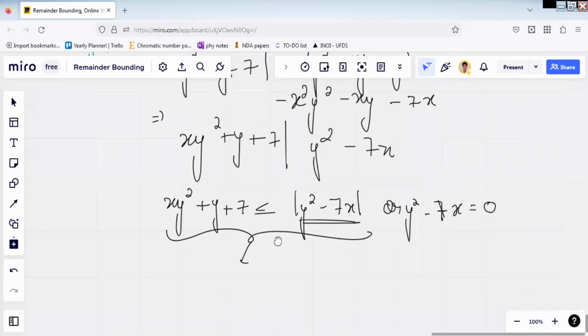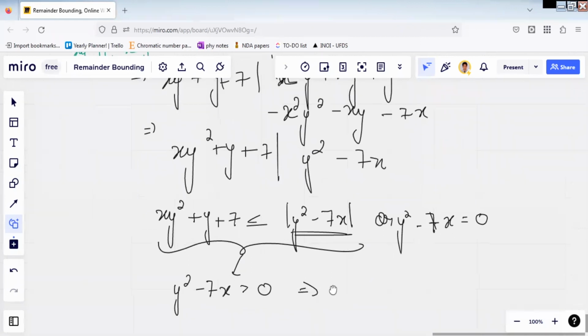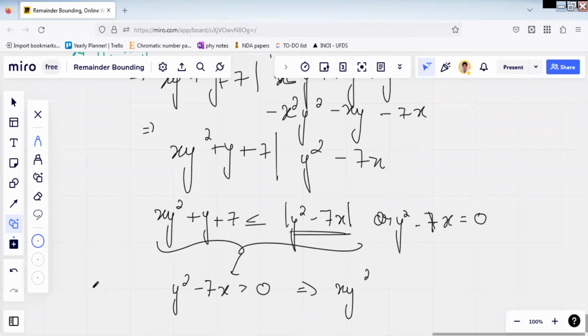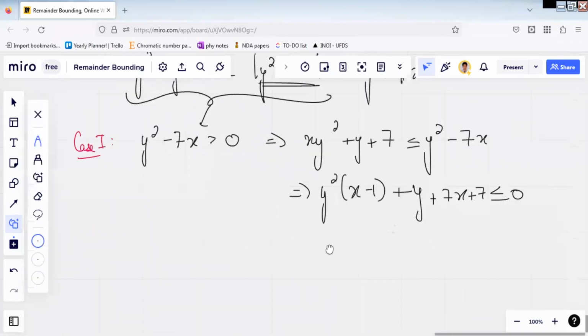Okay, so let's first begin with the case when y square minus 7x is greater than 0. This means xy square plus y plus 7 must be less than or equal to y square minus 7x, which means y square times x minus 1 plus y plus 7x plus 7 must be less than or equal to 0.